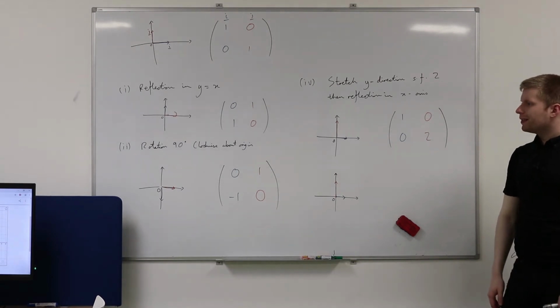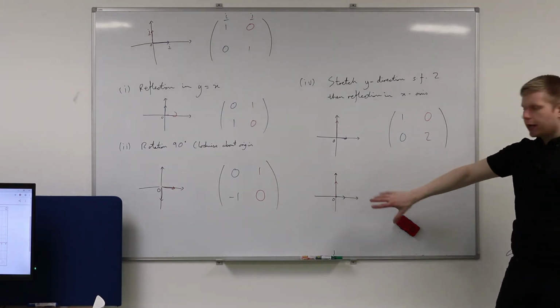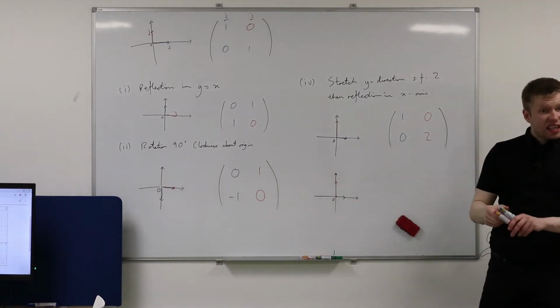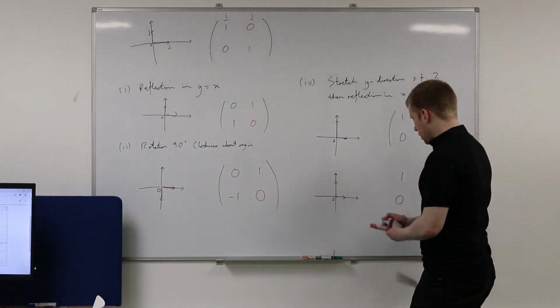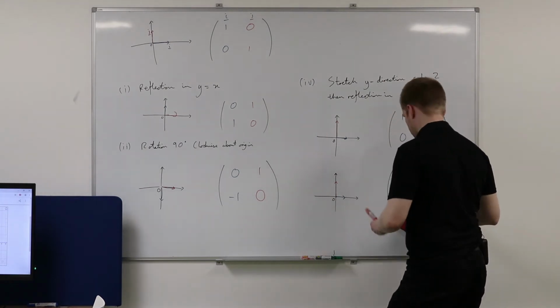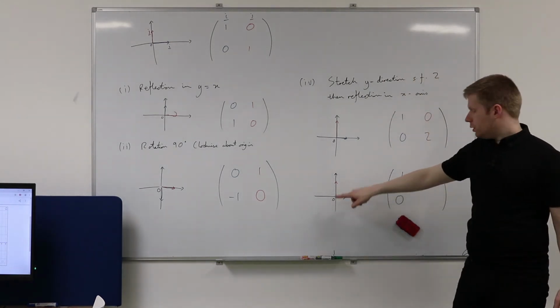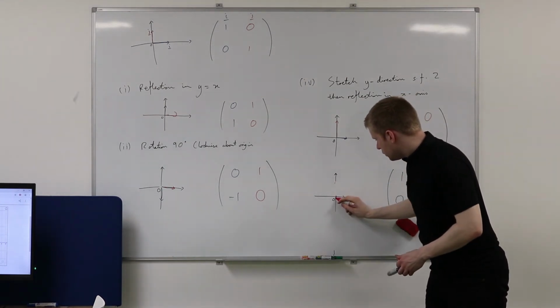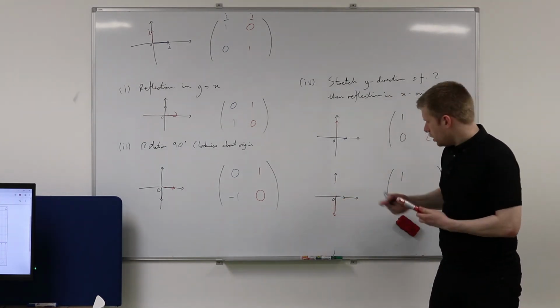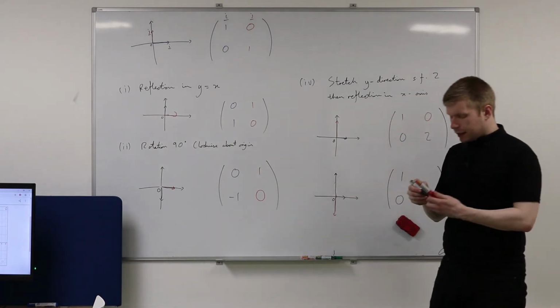It's gone like that, right? i remains fixed, doesn't move, so it stays at (1, 0), okay? But j has moved. j has gone from up here to down here. Yeah, the x-axis, not the y-axis, right?